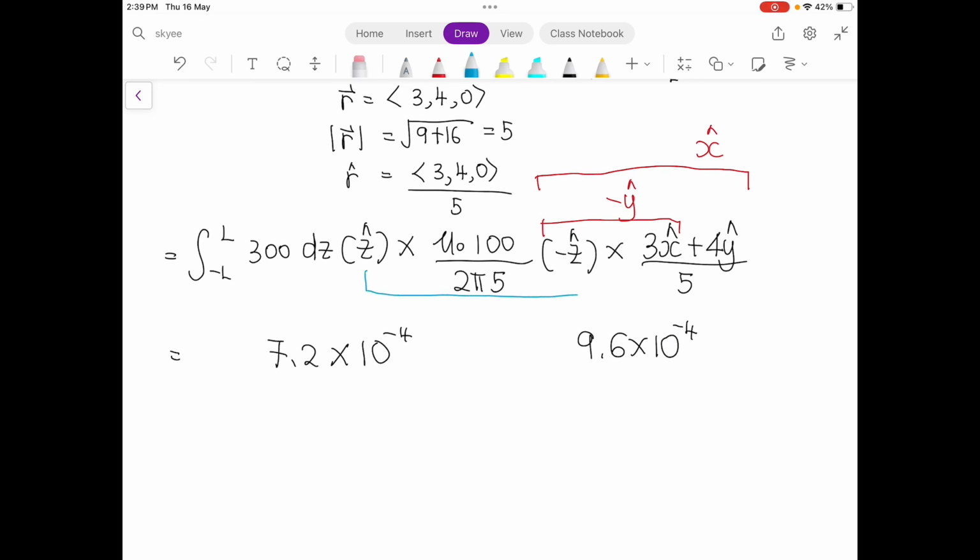So zy, negative x, negative, negative becomes positive x. And next is z with this, zx, you get positive y.